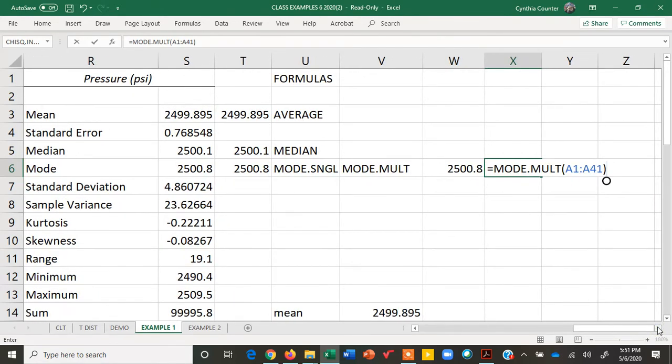But if you Google this, you find out that in order to output an array, which means there's more than one output, you would have to simultaneously hold down Control, Shift, and Enter. That would have given us more than one mode and filled up more than one cell, if there were more than one mode. Control, Shift, Enter. If you forget, Google how to output an array using Excel.